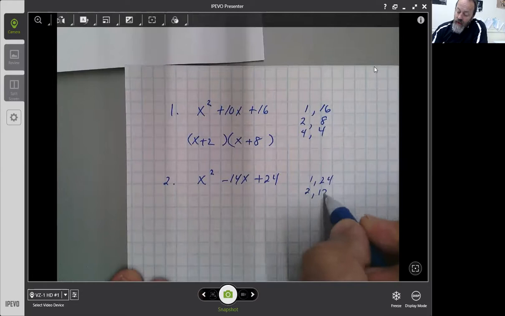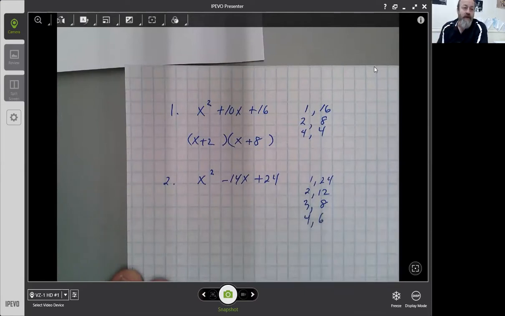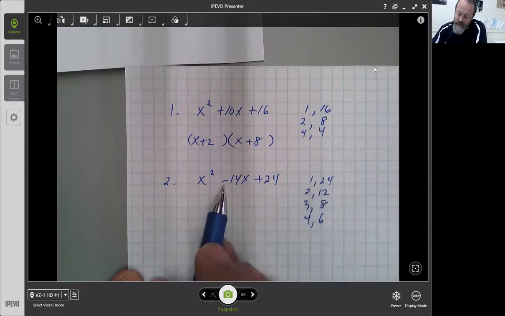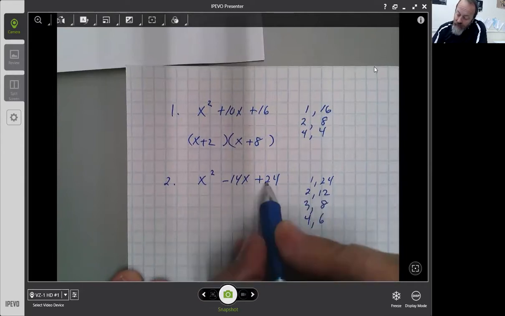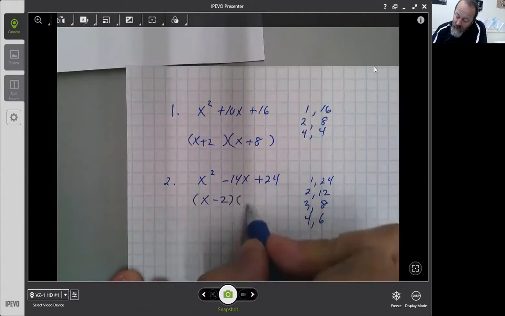As mentioned earlier, you do not actually have to make this list, because frequently you can just look at the problem and it's going to pop into your head. Clearly this number works, but since that number is negative, both of these numbers have to be negative to have the product be positive and the sum being negative.